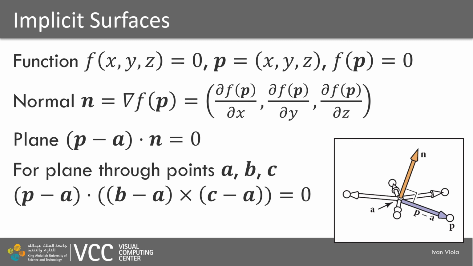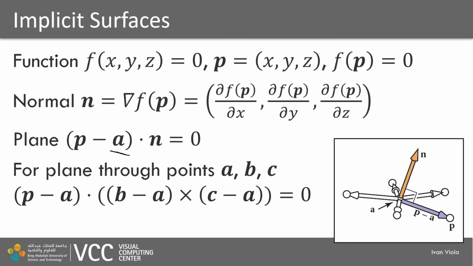This will be the point A. This point A can then be used along with the normal vector for evaluating whether some other points belong to the plane or not.